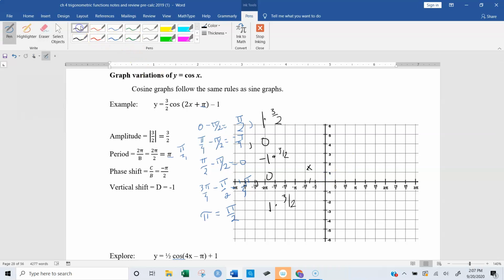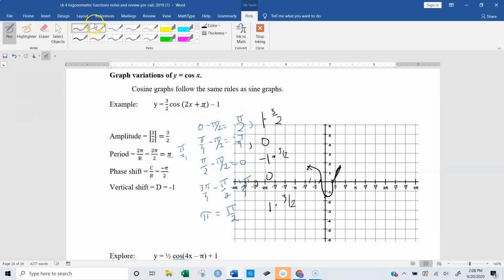There we go. So negative pi over 4, which is here, is your 0. You're going to get at 0 a negative 1.5 or 3/2. At pi over 4, you're going to be at 0 again. And then at pi over 2, we're going to be back up to 1.5. So this is my compression and stretch, amplitude without any movement.